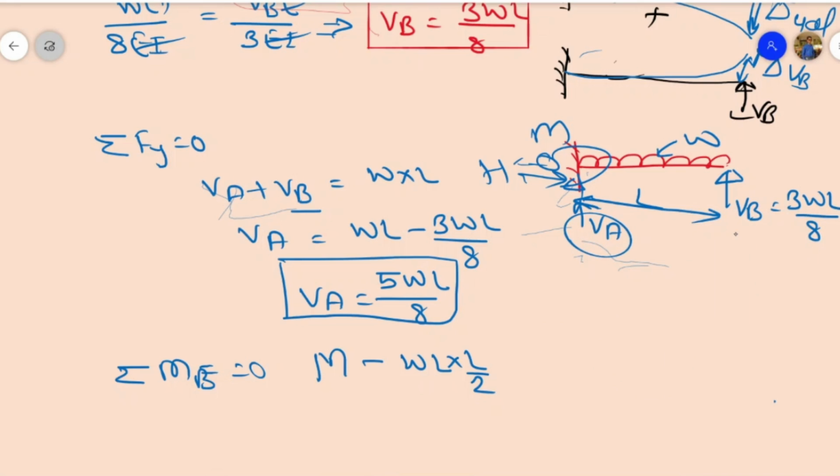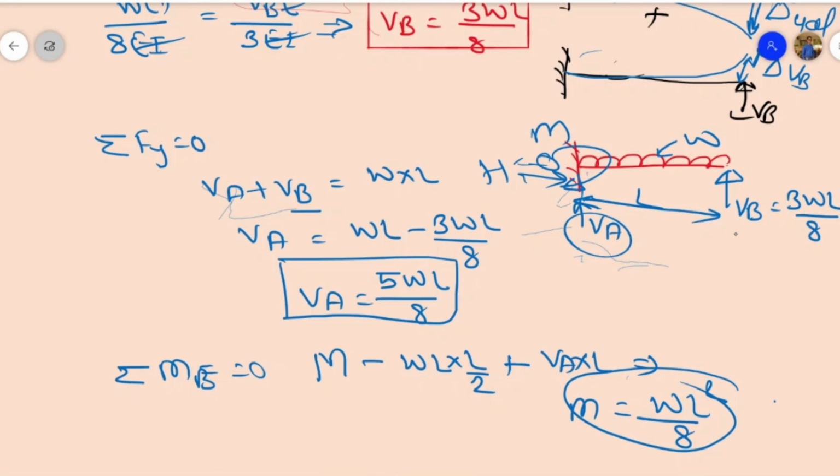This VA gives a clockwise moment, VA times L, and after putting VA equal to 5WL by 8, we get M equals WL square by 8. Clear?